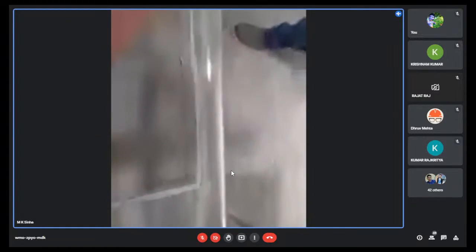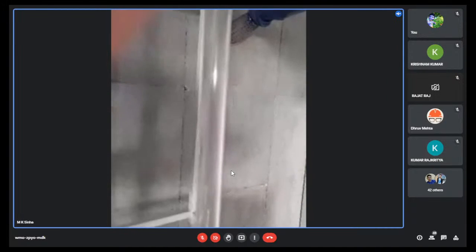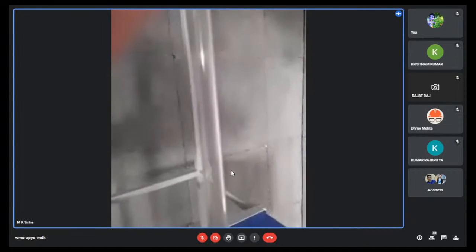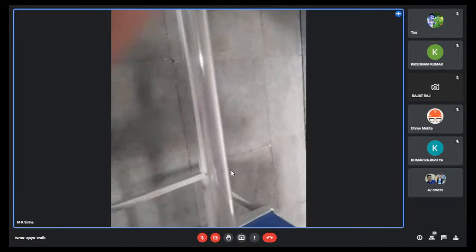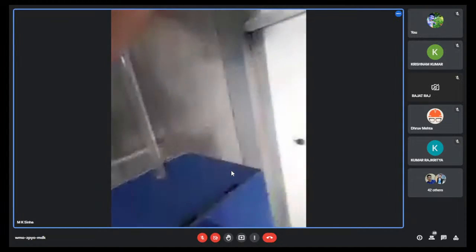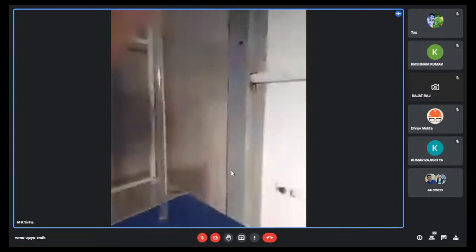Okay, if the dye flow is in a streamline, then this is laminar, and if the dye flow is wavy and there is no pattern, then this is turbulent. By this we will calculate the flow, and from that flow we can calculate the Reynolds number.